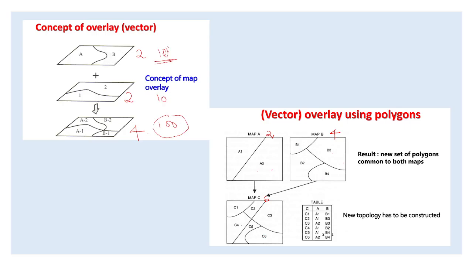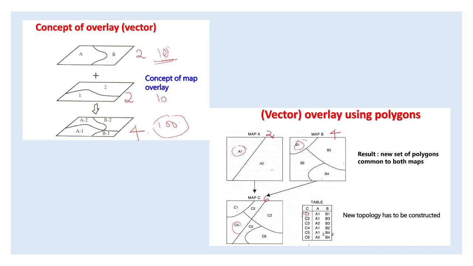And here a new topology would be constructed, and that topology will have extra tabular data, extra field data. For instance, here C has been divided into C1, C2, C3 like that. And for each of the C subclasses, you have A and B subclasses also. So if you take C1, C1 has information of A1 and B1.